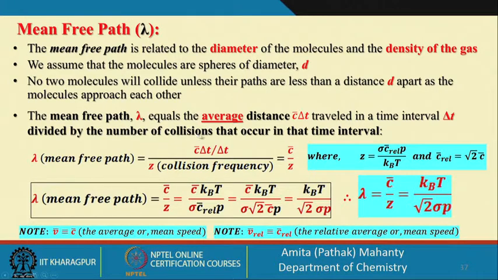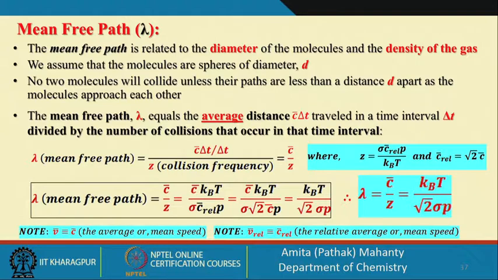The mean free path lambda is equal to the average distance traveled in a unit time divided by the total number of collisions that occurred in that time interval. Please understand this; I am going to read it again. The mean free path lambda is defined as the average distance. What is the average distance going to be?